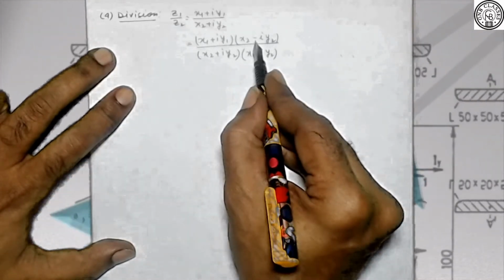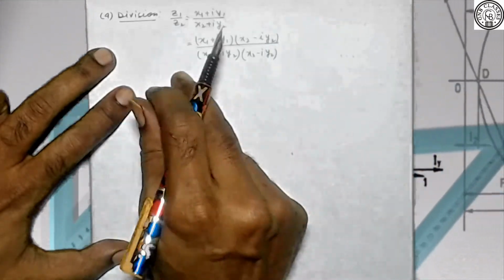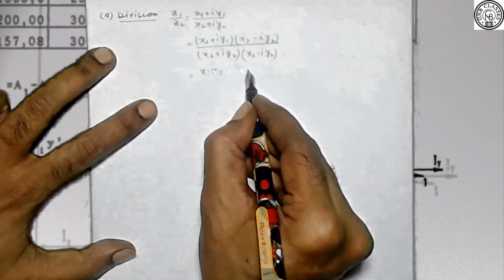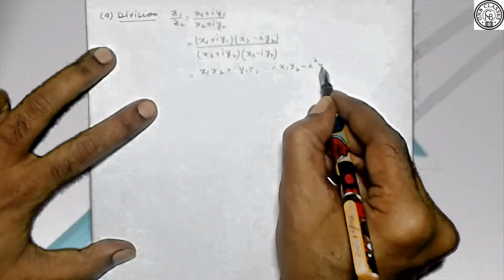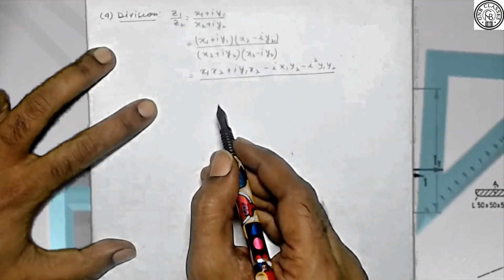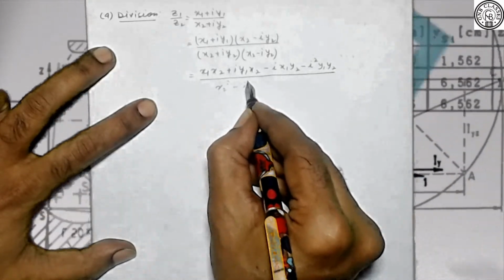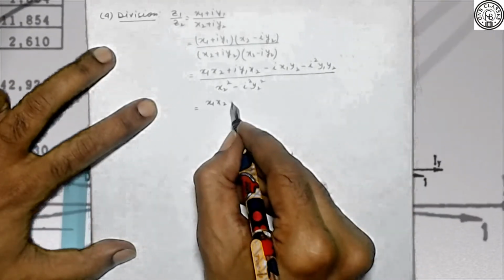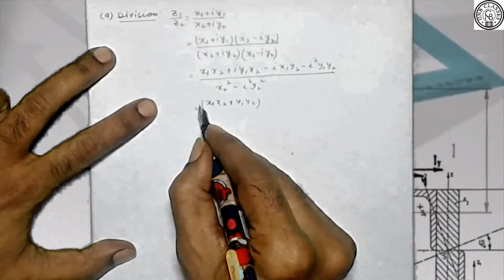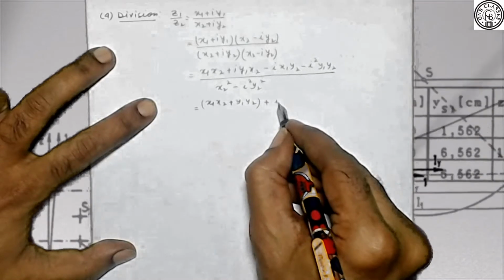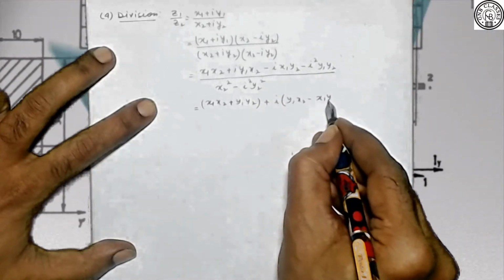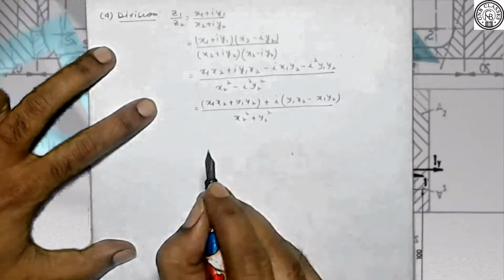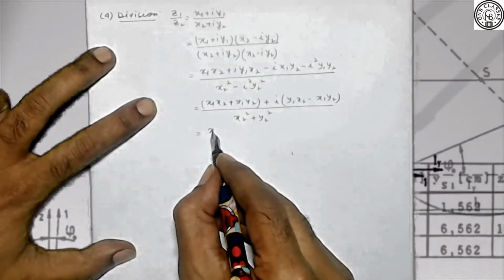Here it is plus, so I multiply numerator and denominator with minus iota, and the rest of the terms are there. So in the numerator we are going to have the product, and in the denominator we will apply the formula of a square minus b square. In the numerator we are getting iota square is minus 1, so this one will be plus, keeping the real term in one bracket and the imaginary part in another bracket. Iota square is minus 1, so it is y2 square. Is it clear?